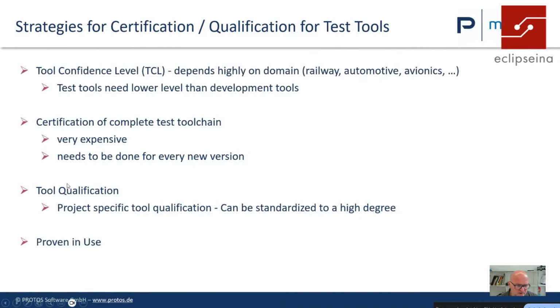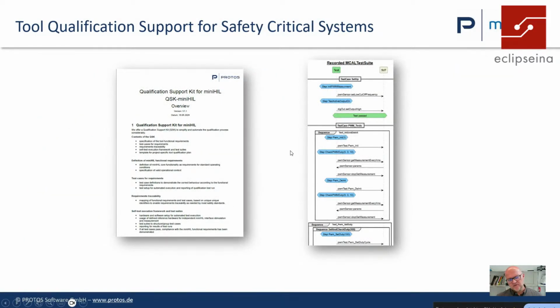So the way that we take is usually the tool qualification way with our customers if they need a tool qualification of some sort, and we have a tool qualification kit for that. Usually you get away with 70-80% standardized tests from our side. You get a full report on all your tests, also on your own tests. But for example, if you have a very specific SPI protocol or certain interfaces that are not really standardized, then we cannot provide a standardized test for that.